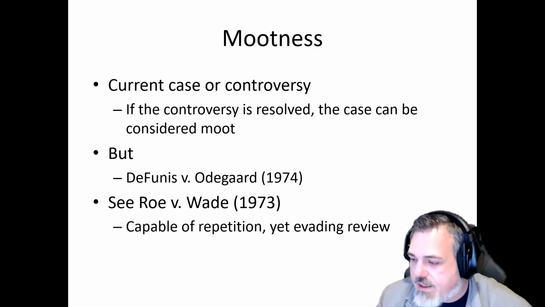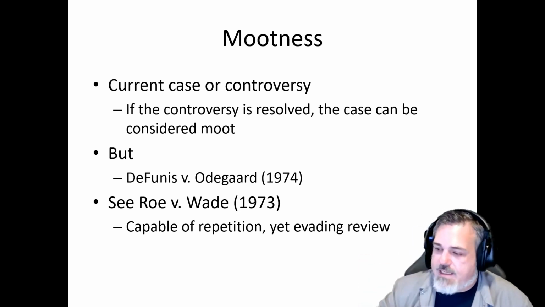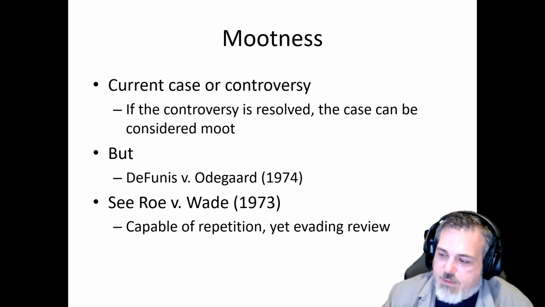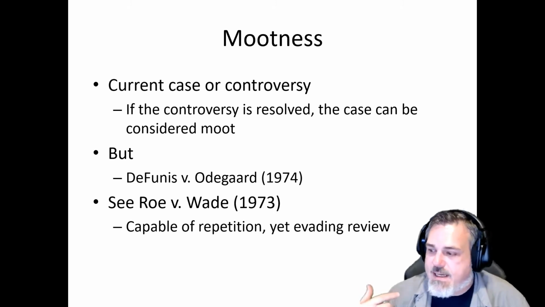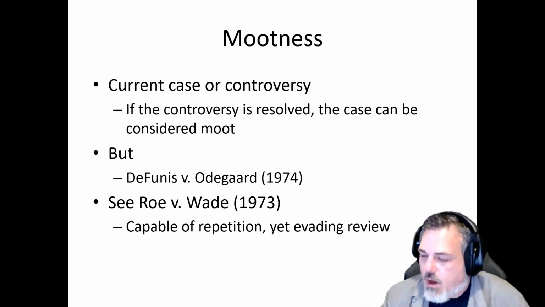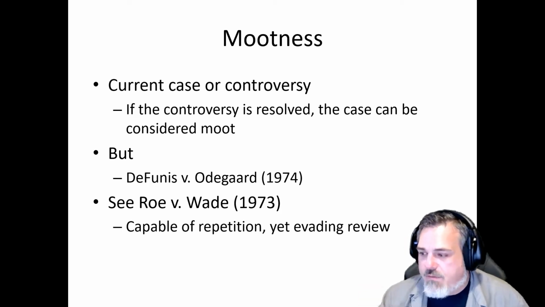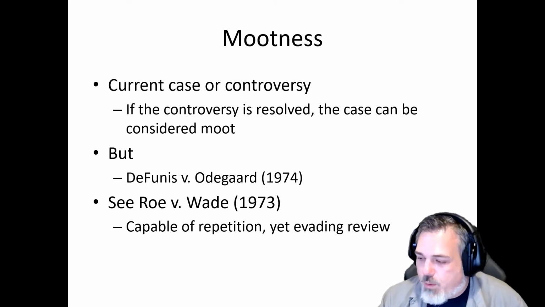So let's think about the nature of how long it takes for a case to get from the trial level to the United States Supreme Court. We talked a little bit about this last class, but the process is long. In some cases, upwards of 5 years. Well, the nature of a pregnancy isn't that long. At the most, we're talking 40 weeks.